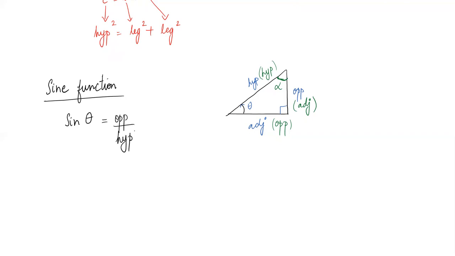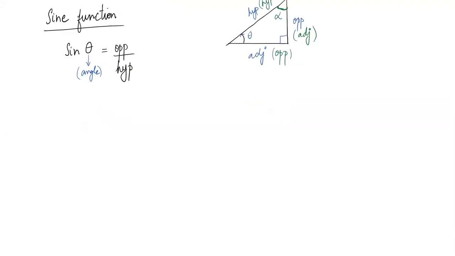This is how the ratio is set up. And please remember that you will never write a sine by itself. Sine has to be accompanied by the angle. Otherwise, you're not really measuring the angle. Okay? So sine theta is the angle for sine function with opposite over hypotenuse as the ratio.